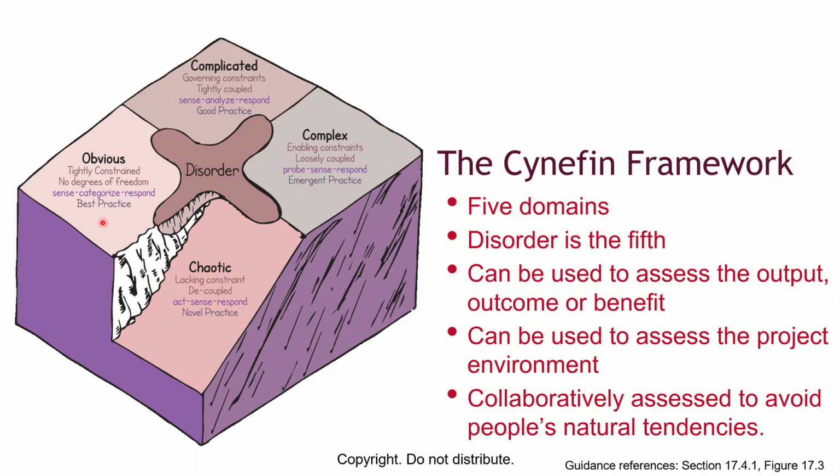Then you talk about complicated. Complicated is where there are a lot of governing constraints, such as regulators. The legal department will tell you you can't do this, IT security will say, no, you can't do this on this project, and that team will come up with their own constraint. That's a complicated approach. And then you have the fifth one, which is disorder.